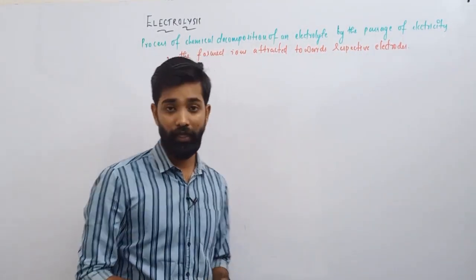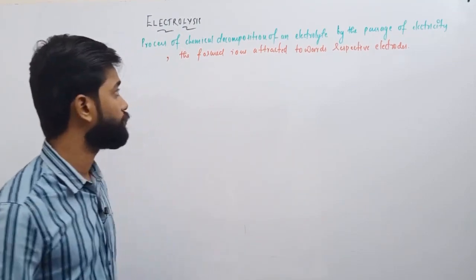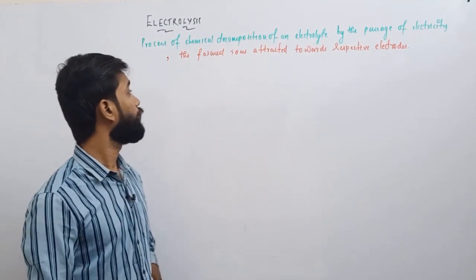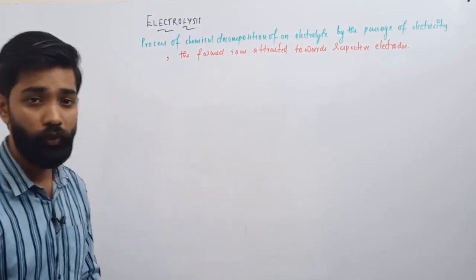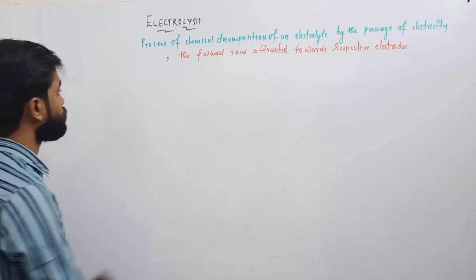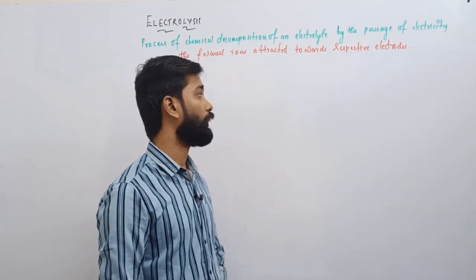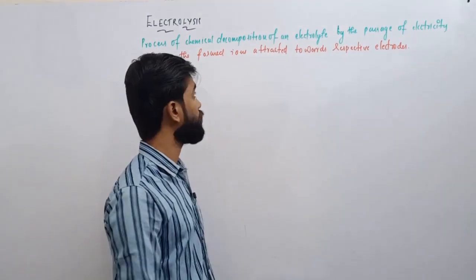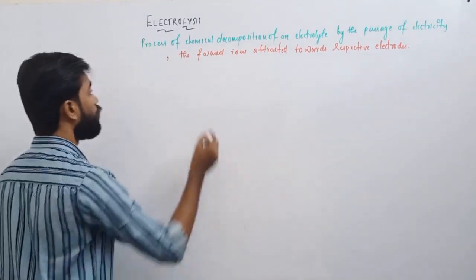We are already familiar with that, and they are attracted towards the respective electrodes. This process is known as electrolysis. So it is a process of chemical decomposition of an electrolyte by the passage of electricity, so that the produced ions are attracted towards the respective electrodes.